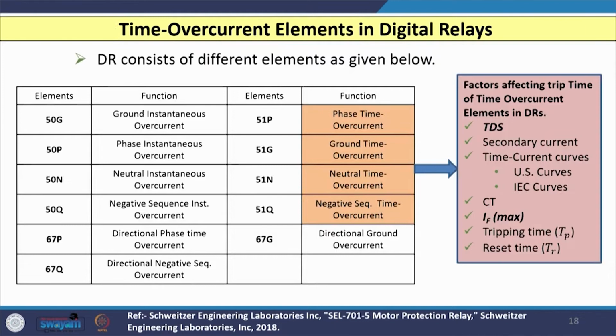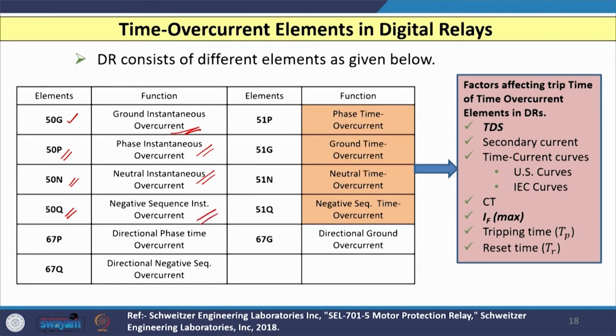Now, if I consider these two groups in digital relays, let us see what is the fundamental difference between these two groups. In both these groups, the function or element is given the name 50G, which is known as ground instantaneous overcurrent element, 50P, that is phase instantaneous overcurrent element, 50N, that is neutral instantaneous overcurrent element and 50Q, that is negative sequence instantaneous overcurrent element.